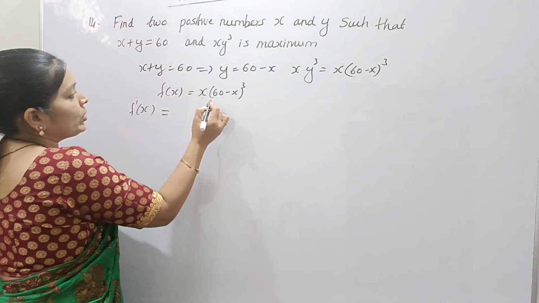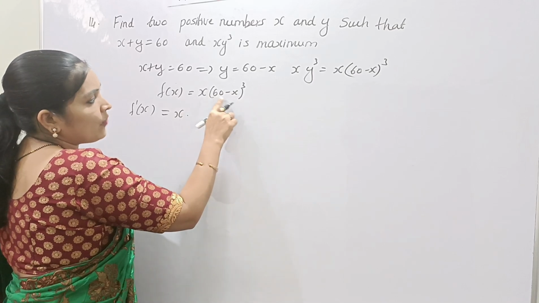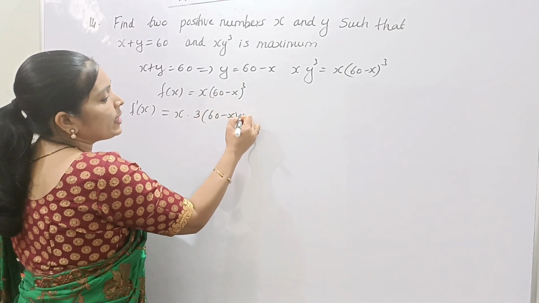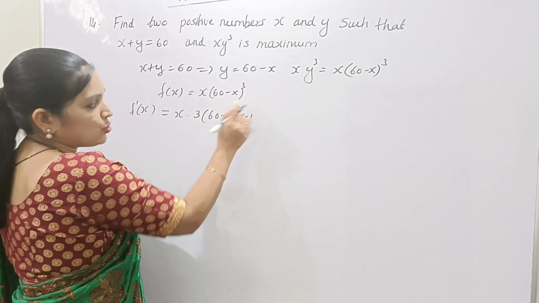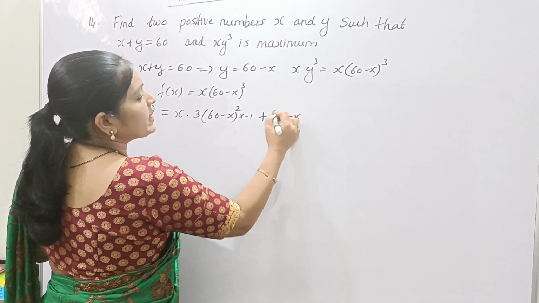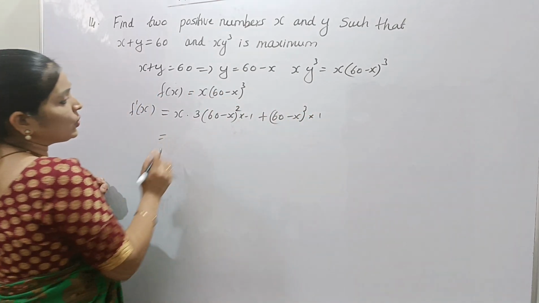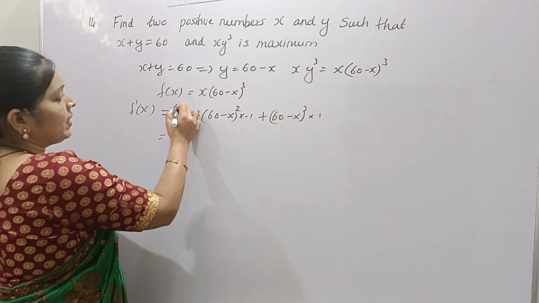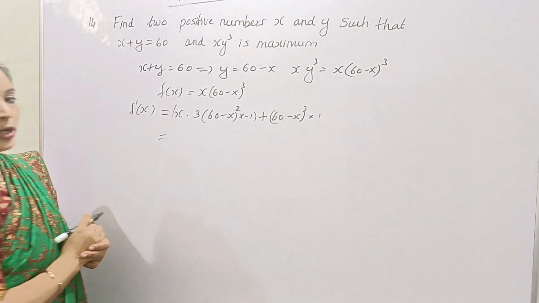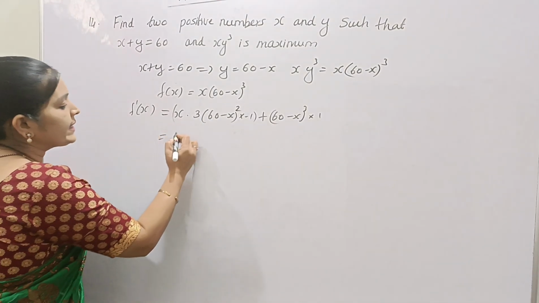f'(x) is equal to, applying the product rule, x into the derivative of (60 − x)³, which is 3(60 − x)²·(−1), plus the second function (60 − x)³ into the derivative of x, which is 1. In these two terms (60 − x)² is common, so let's take it out.